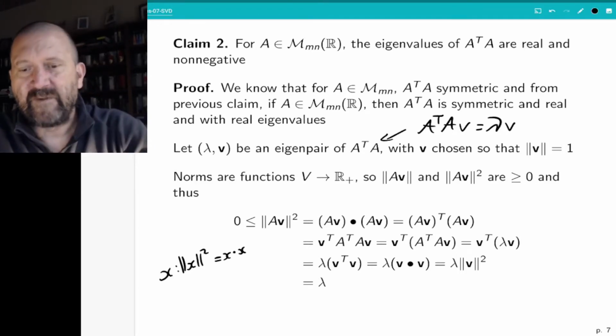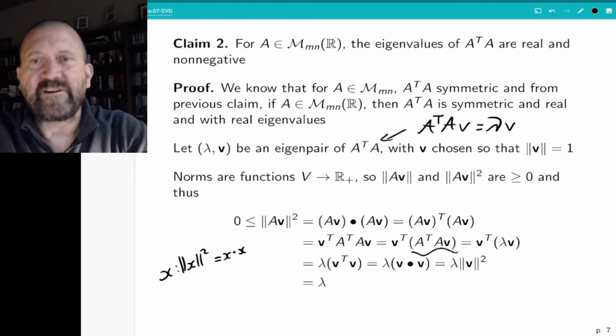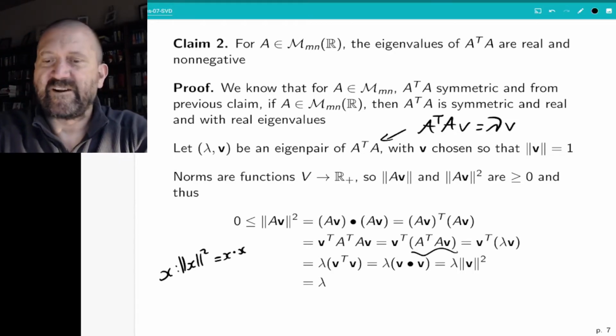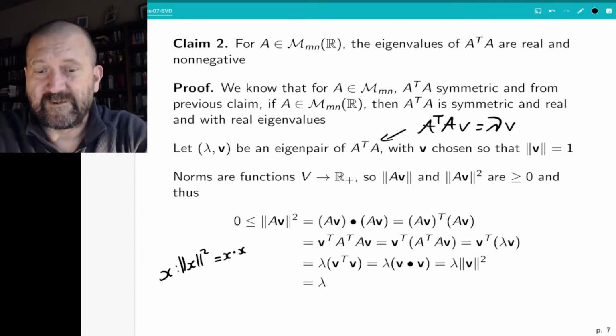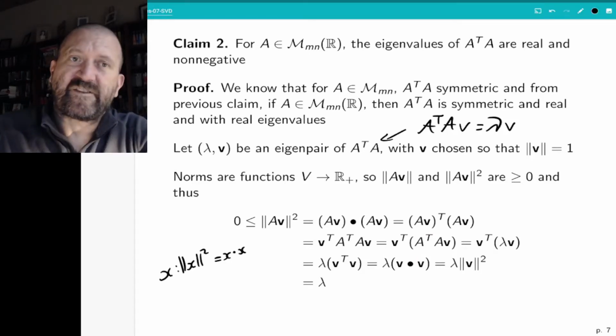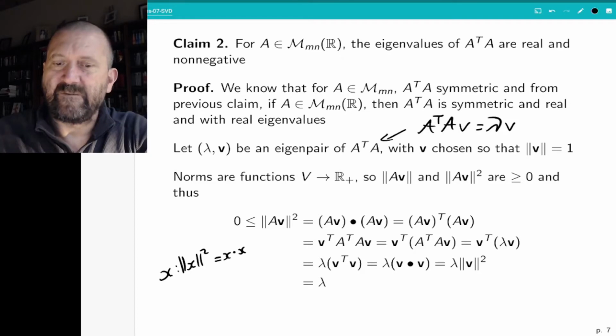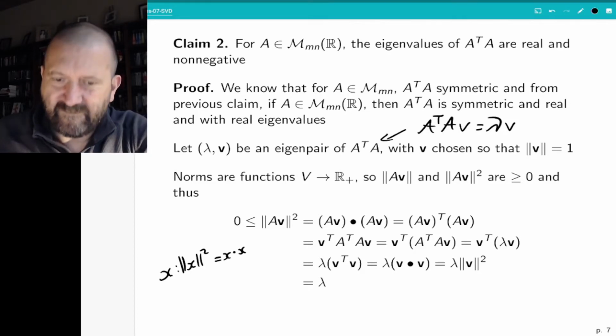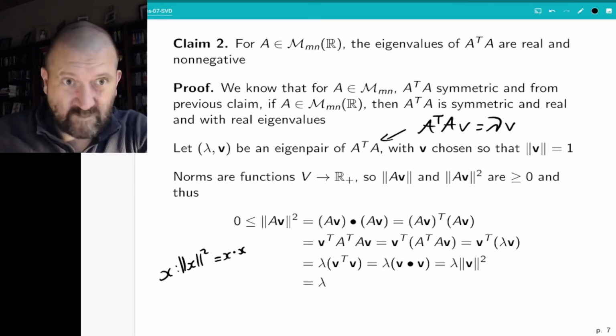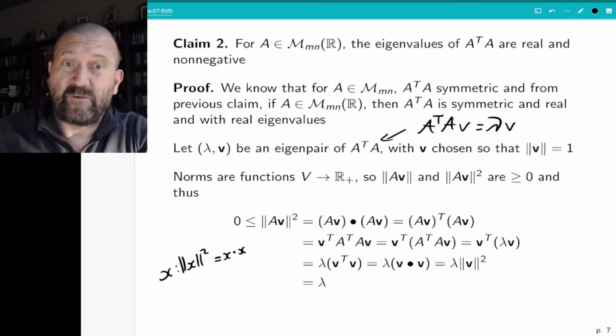So this A transpose AV is actually lambda V. Lambda is a scalar, I can move it around, and so I end up with lambda times V transpose V, which in turn is nothing but lambda times V dot V, which is lambda times the norm of V squared.